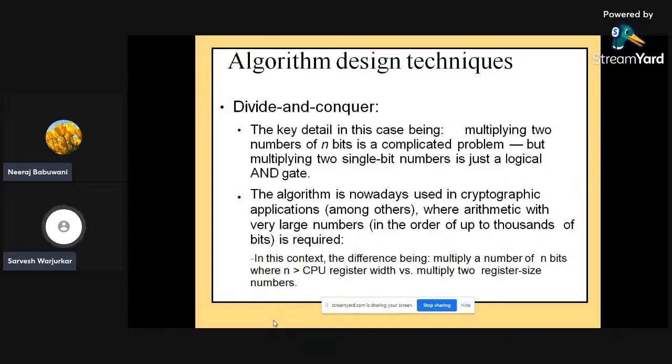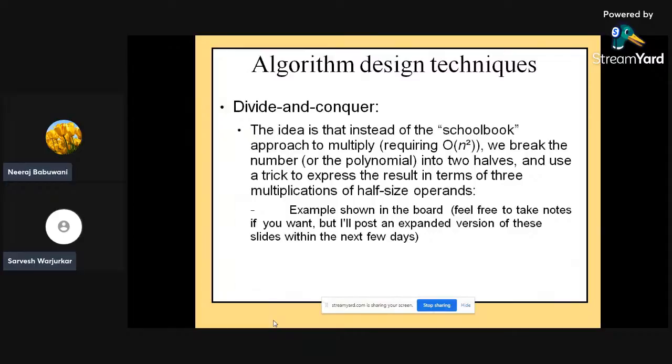The algorithm is nowadays used in cryptographic applications where the number arithmetic is very large, on the order of thousands of bits. In this context, the numbers being multiplied have n bits, where n is greater than the CPU register size. N means any number of bits we can calculate, and register size numbers can also be calculated there.